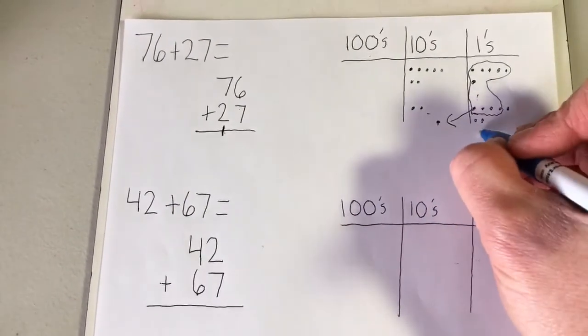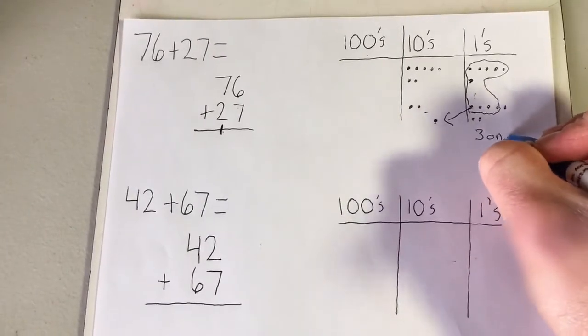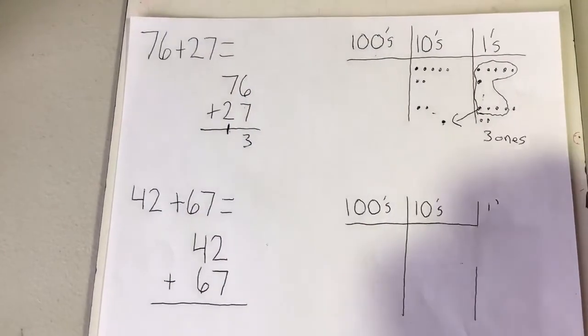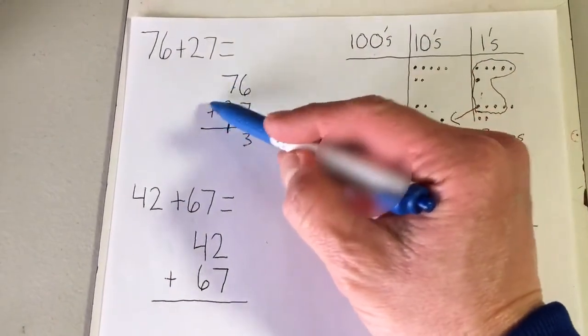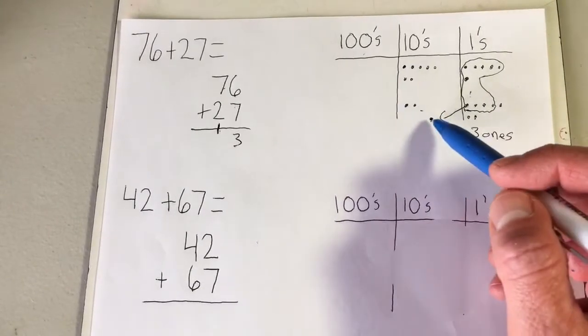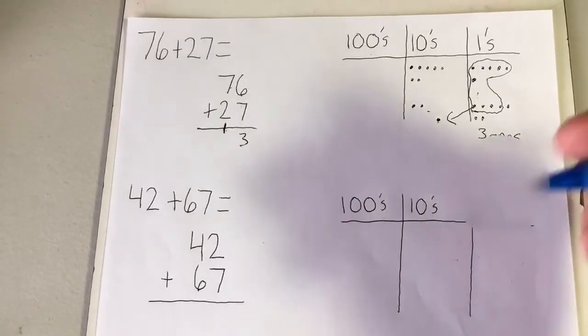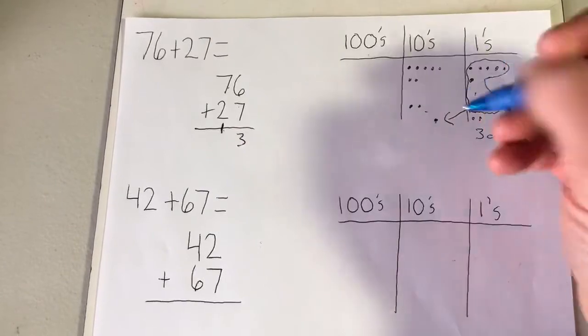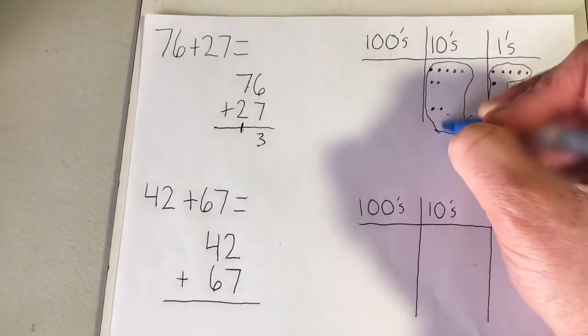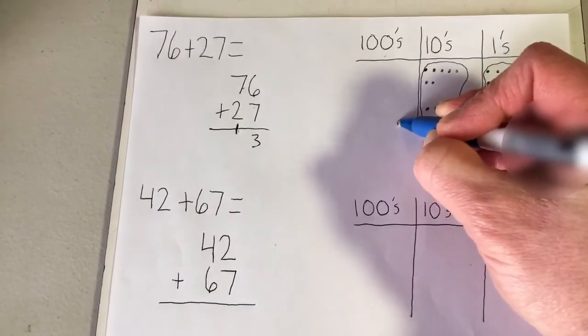Now I have 3 ones left. 3 ones. Now I need to add my tens place. 7 plus 2 plus 1. 7, 8, 9, 10. Now I have 10 tens, so I need to bundle that now, all 10, and I need to compose 100.